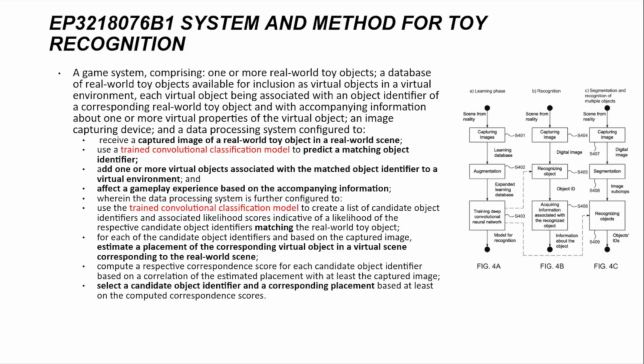They match and then affect the gameplay experience based on that matched information. Actually, to detect the element and find what kind of object it is and position it in the game accordingly. So this is a rather advanced patent.